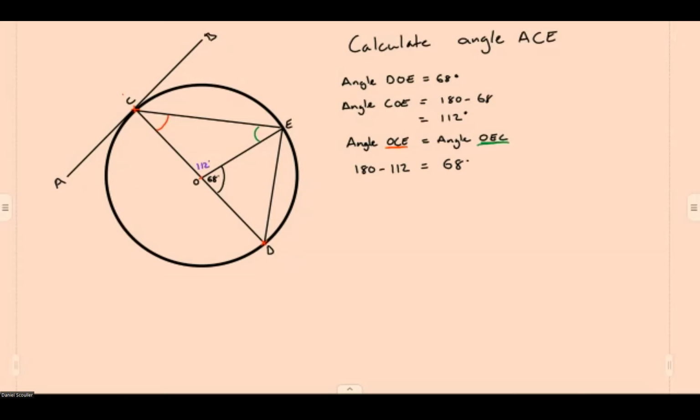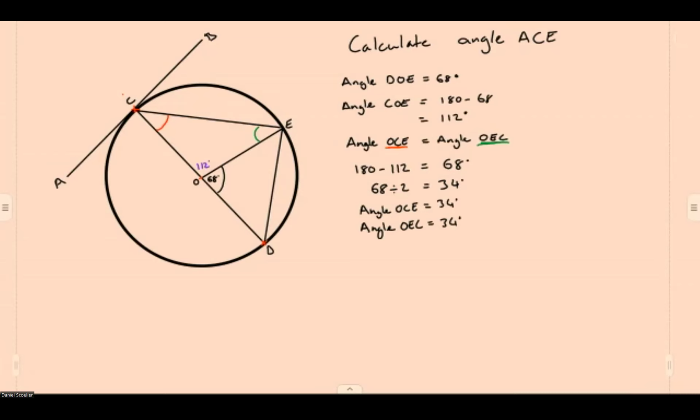If those two angles are the same, that just means 68 divided by 2 will be 34. So angle OCE is equal to 34 degrees. Angle OEC is equal to 34 degrees.